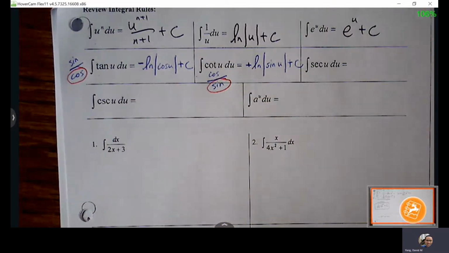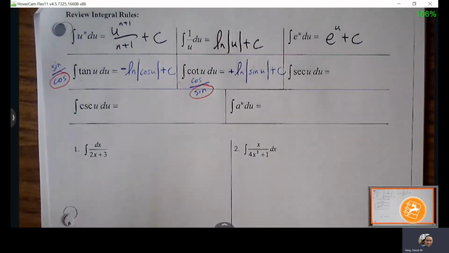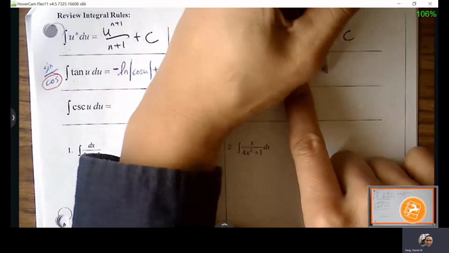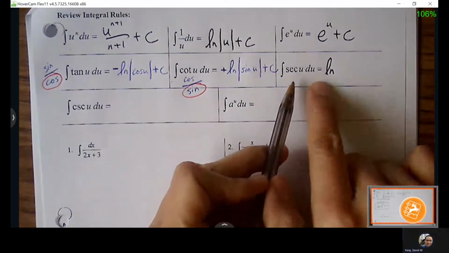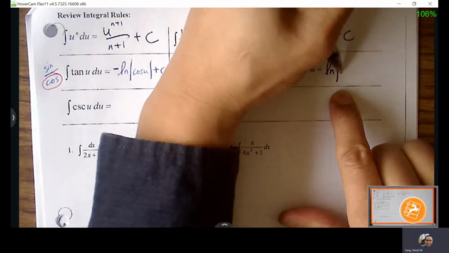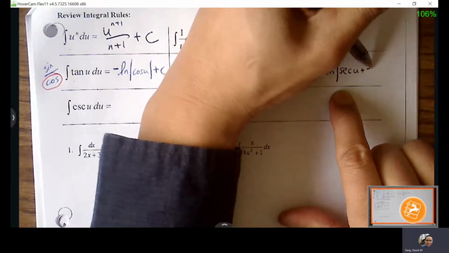Okay, secant. We didn't derive the rule for secant. We just jump into memorizing them. So secant also involves natural log, but it involves trig functions that you would normally associate with secant. Secant's derivative is secant tangent. So those trig functions show up again, but instead of multiplying, they're being added.